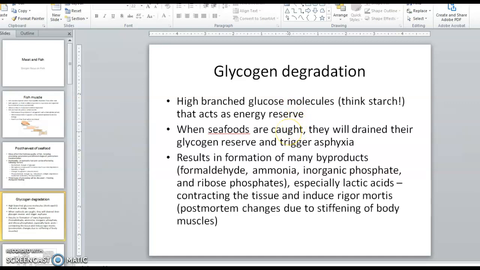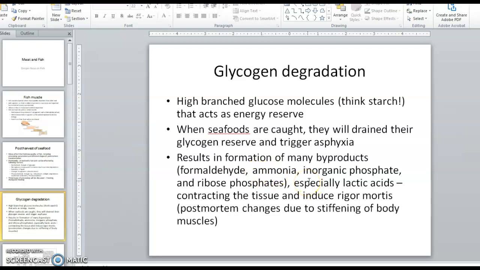When seafoods are caught, they will drain their glycogen reserve because they struggle a lot and use a lot of energy, and it will trigger asphyxia. I'm not sure how to pronounce this one, but basically they don't have enough oxygen. And it will result in the formation of many byproducts, for example, formaldehyde, ammonia, which gives the unpleasant odor to the fish, inorganic phosphate, ribose phosphate.